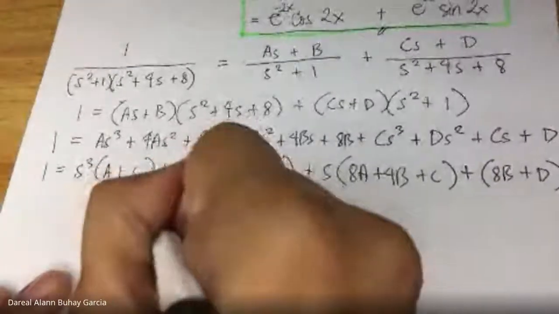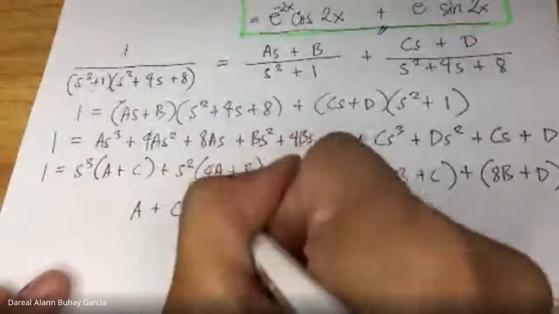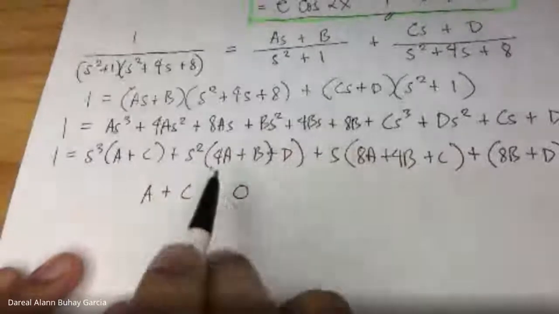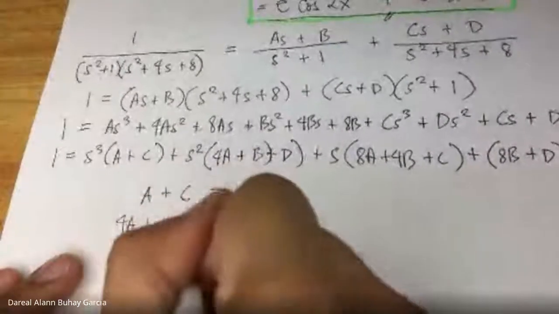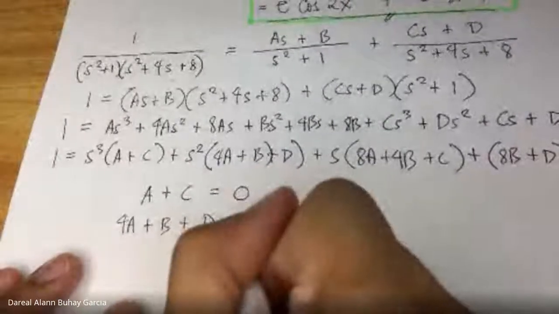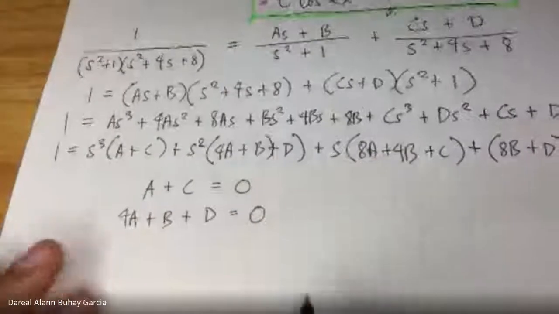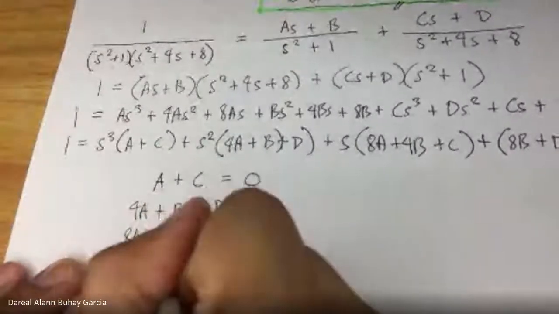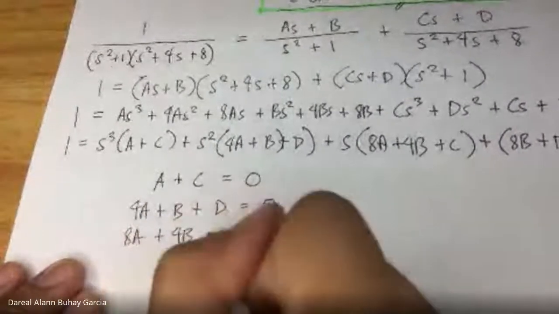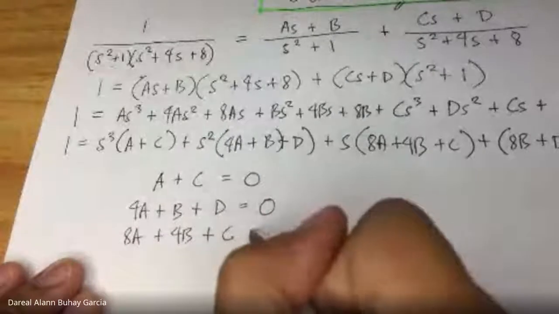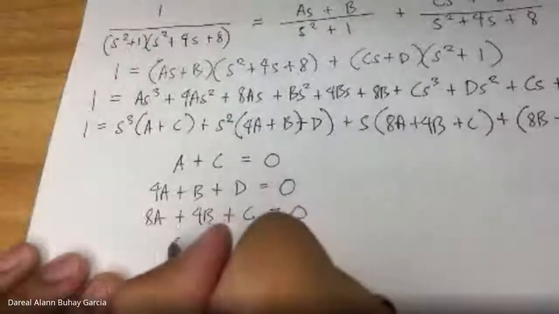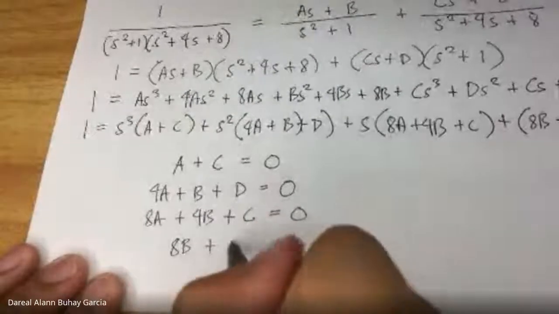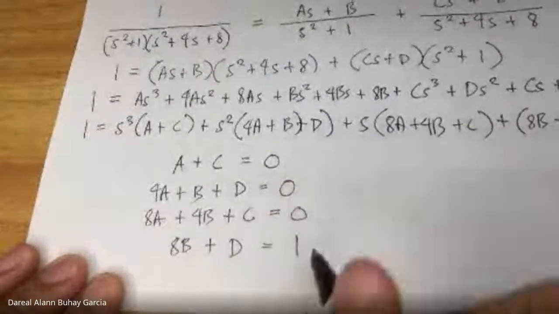So A plus C is equal to 0. 4A plus B plus D is equal to 0. 8A plus 4B plus C is equal to 0. And 8B plus D is equal to 1.